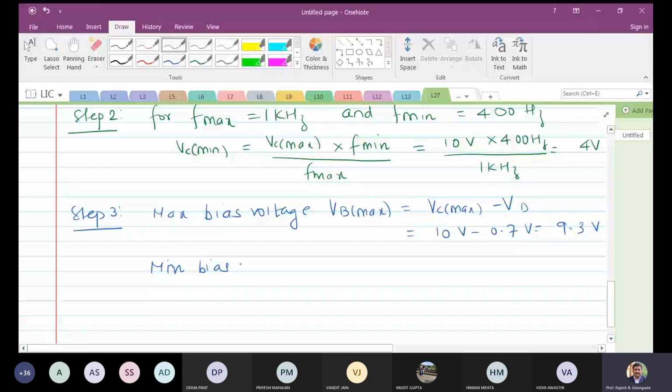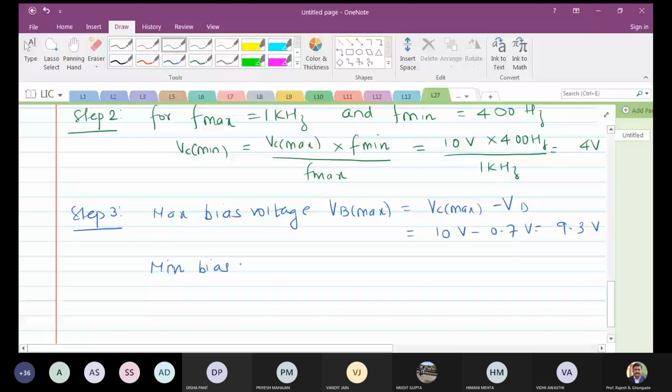We used to call this I1, isn't it? So we have already calculated that current, and it came out to be 117 microamperes. So now the new R1 is VC max divided by I1, which gives me 10 volts divided by 117 microamperes, which is 85 kilo ohms. We'll use a standard value of 82 kilo ohms.